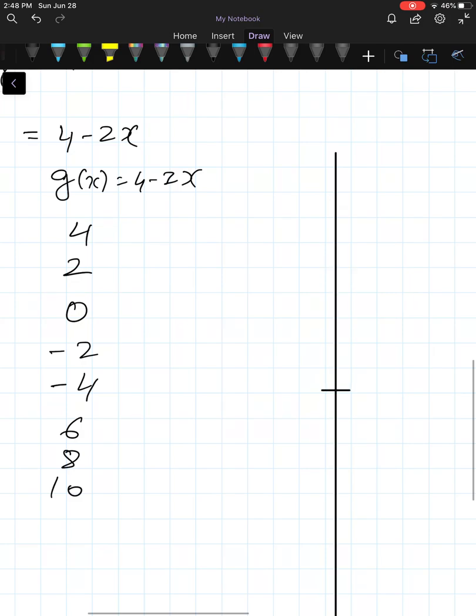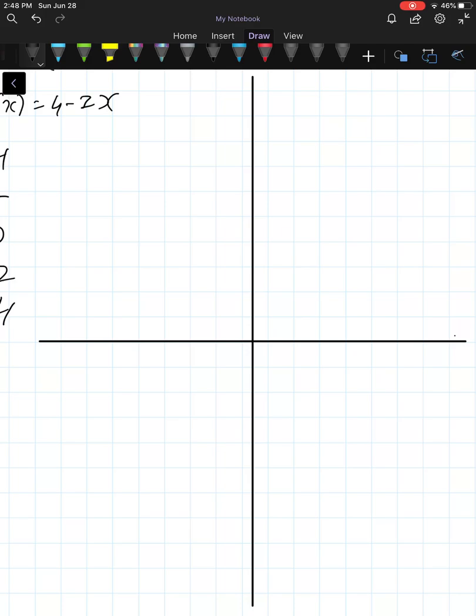Here is my coordinate plane. We will plot this. This is our x-axis and this is our y-axis. So 1 2 3 4 5 6, 1 2 3 4 5, 1 2 3 4 5 and 1 2 3 4 5.